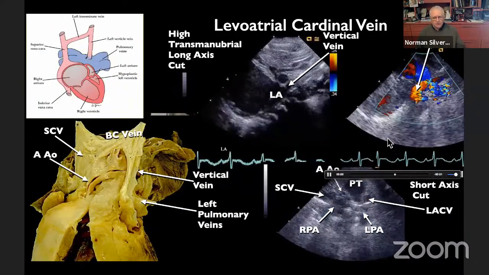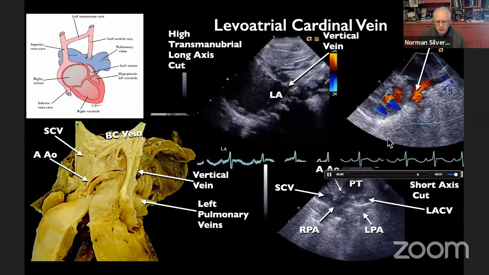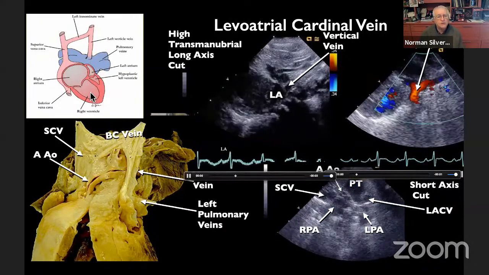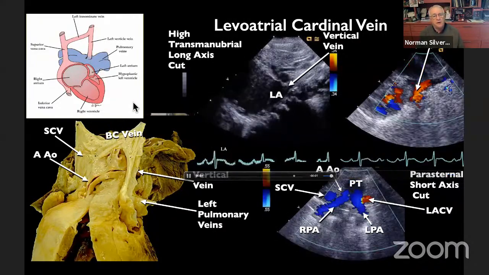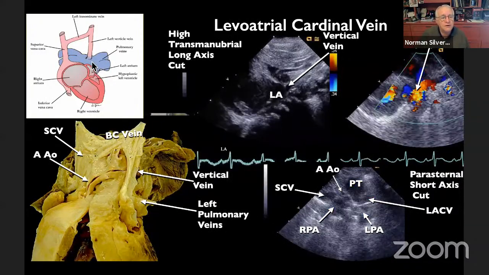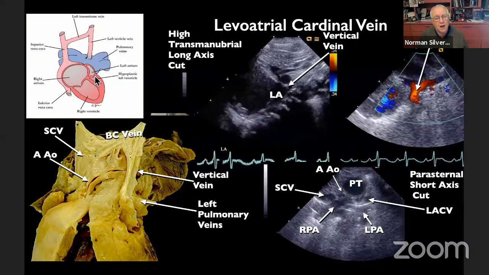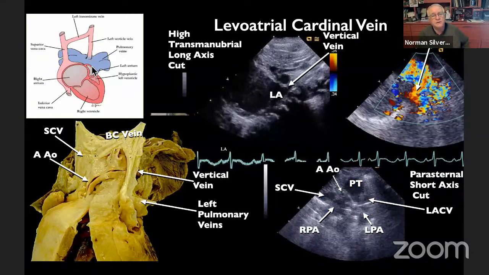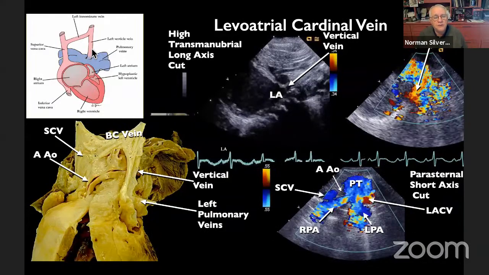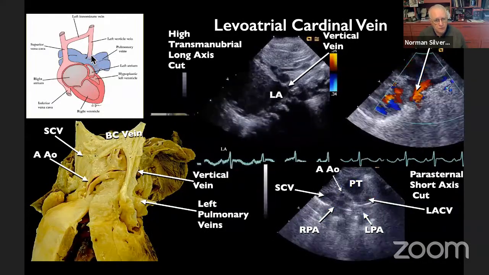Another variant of this condition is one found frequently with left heart obstruction. Professor Anderson has mentioned this. This is a diagram of his from Diane Spicer, actually, showing the so-called levoatrial cardinal vein in association with the hypoplastic left heart complex. And here you see the vertical vein usually coming off the origin of the left pulmonary artery.